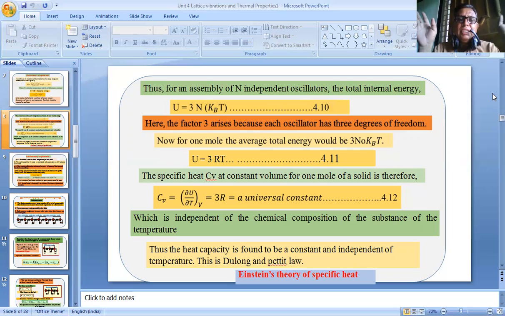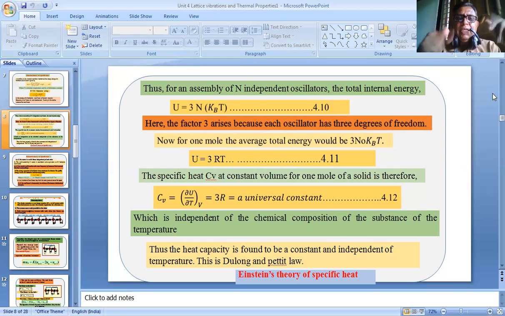The specific heat Cv at constant volume for one mole of a solid is therefore Cv equal to dU upon dT at constant volume, which is 3R, a universal constant, independent of the chemical composition of the substance and of the temperature.